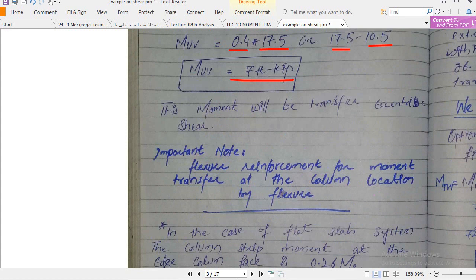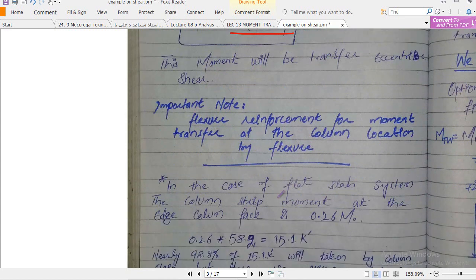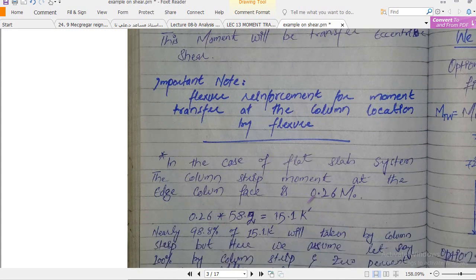By flexure. Now, the lectures which I have covered in the direct design method, if you go to my YouTube channel and watch those lectures, I don't discuss this procedure there. We find the moment at the face of the exterior column by using this equation, and find the steel reinforcement in the column strip for this moment.